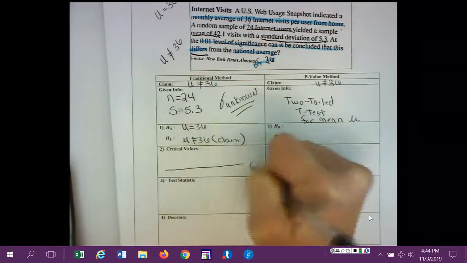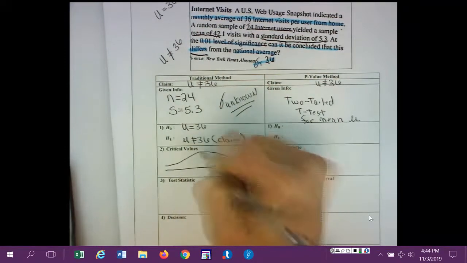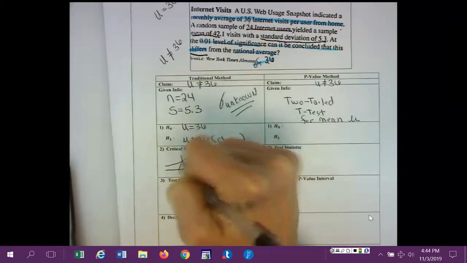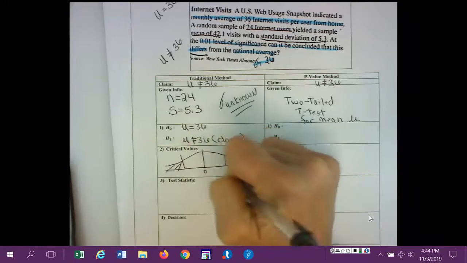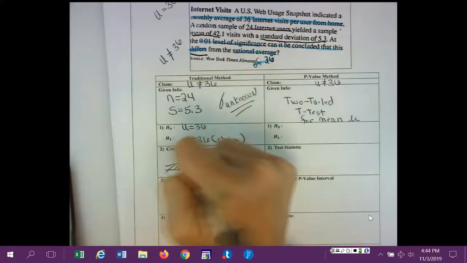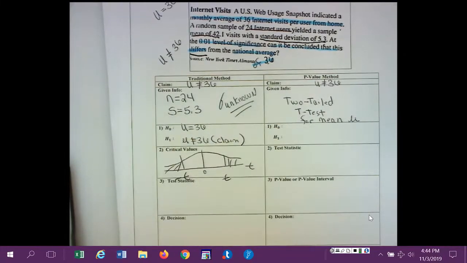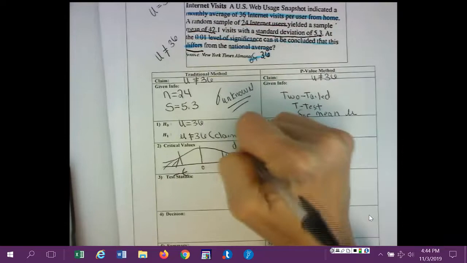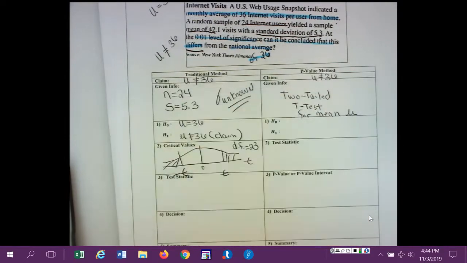Critical value time. You are going to draw your t-axis, bell-shaped curve. You shade both tails. You're looking for a positive t and a negative t to mark your critical values. Degrees of freedom will be row 23, not 24, but 23.